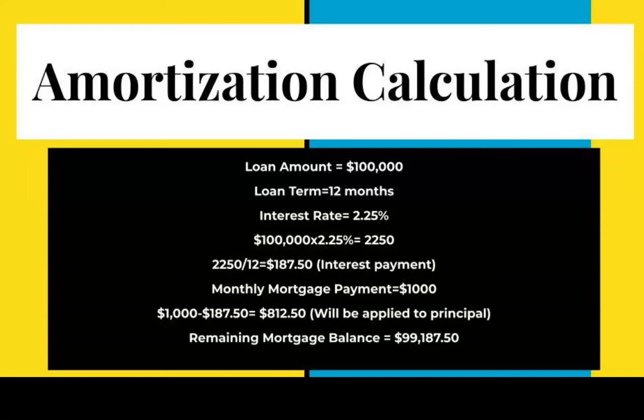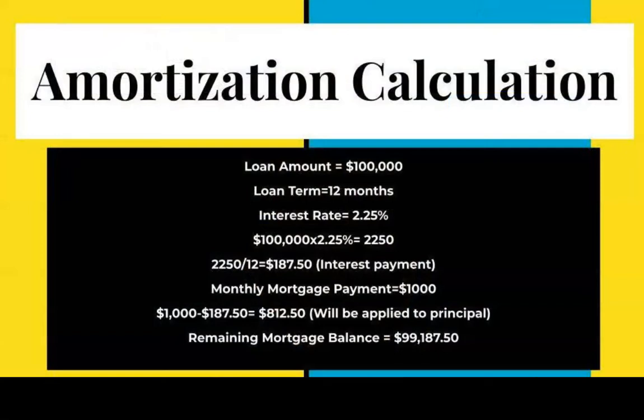You're going to divide that by 12, and it's going to tell you how much interest you're paying per month from your loan payment. So in this case, $2,250 divided by 12 is $187.50. And the $187.50 is going to be the amount that's deducted from your loan payment to cover the cost of the interest, which is what you're paying back to the lender for borrowing the money.